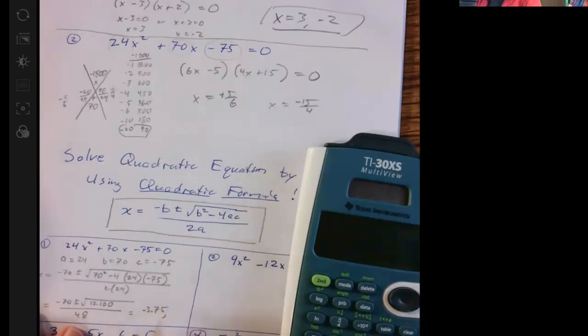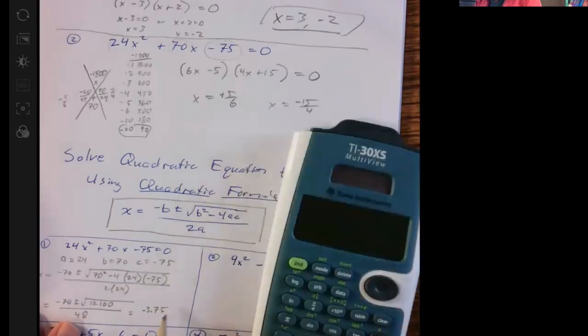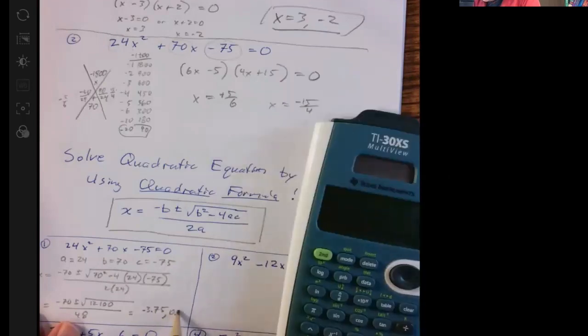And then I'm going to do the same thing, but I'm going to add it. Negative 70 plus the square root of 12100 divided by 48. And this time I'm going to get 0.83 repeating.